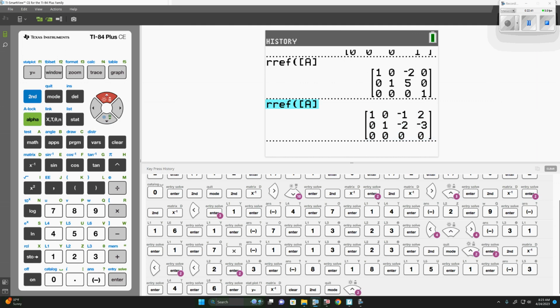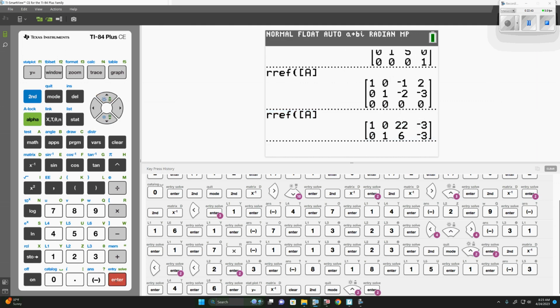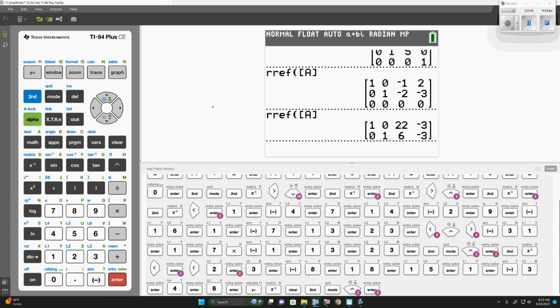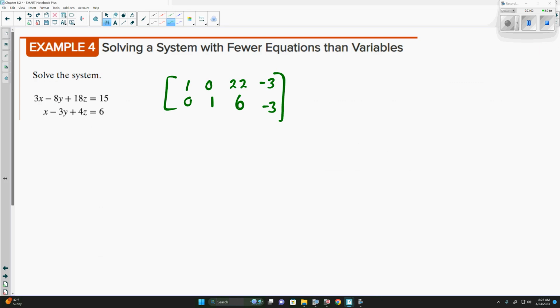Now we can do RREF again, and we get this here. 1, 0, 22, negative 3. And we can treat it the exact same way, because the first equation tells us that we have x plus 22z is equal to negative 3.